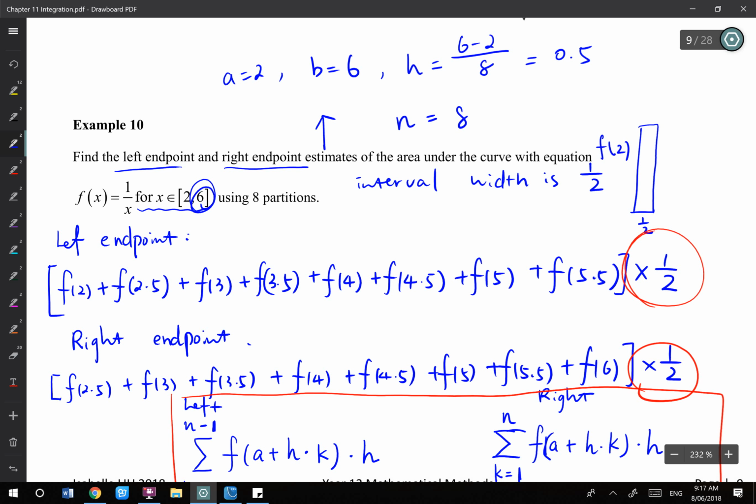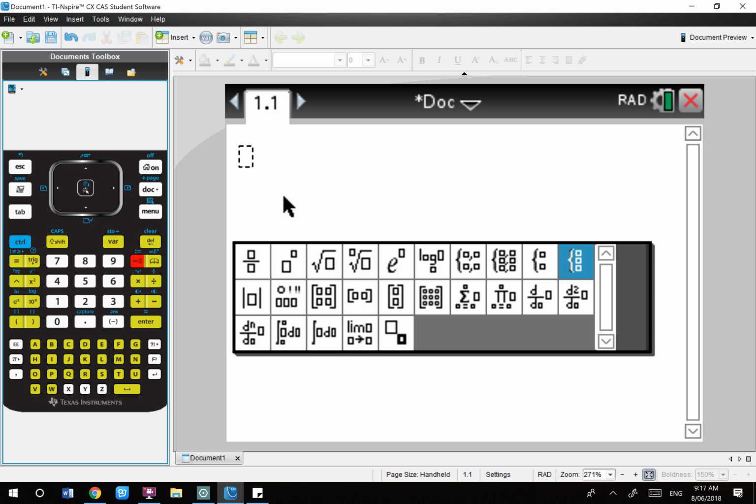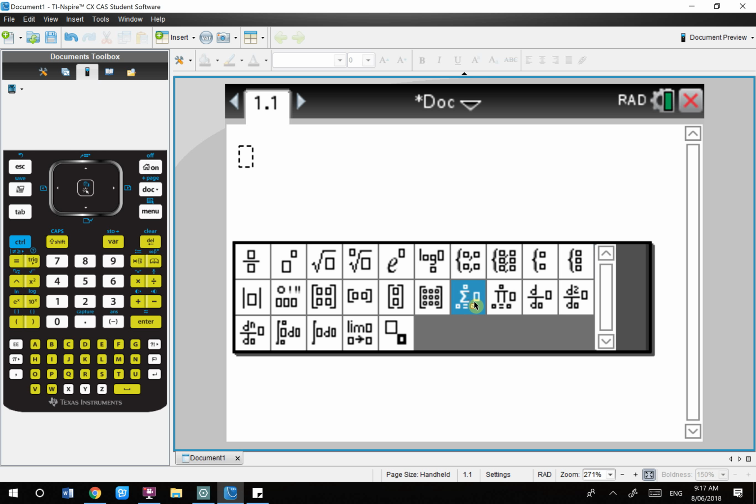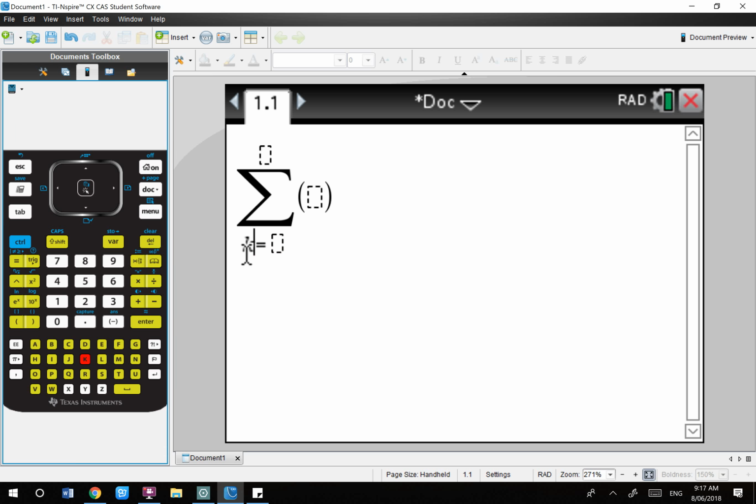So if I want to calculate the left-hand side approximation in the calculator, I go to this place and see this button here. Can you see this next to the matrix? I click on that one. What I put in is K equals 0 to n minus 1. So n minus 1 is 7, since N is 8.